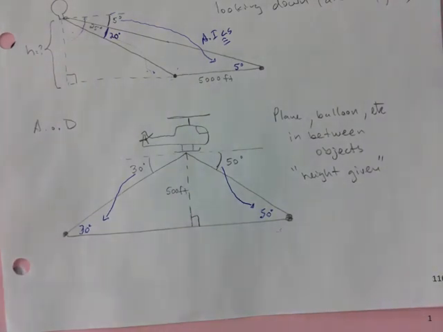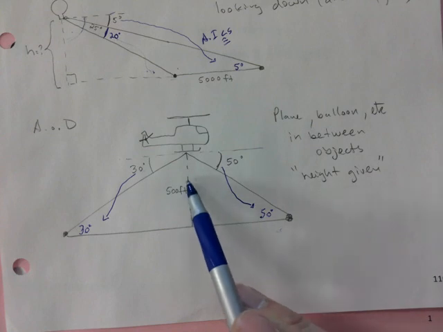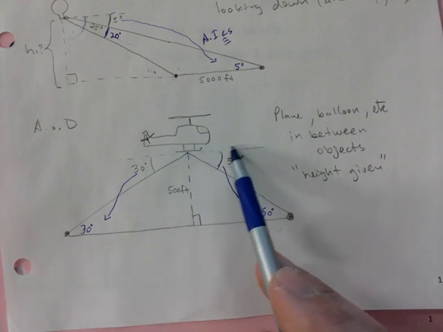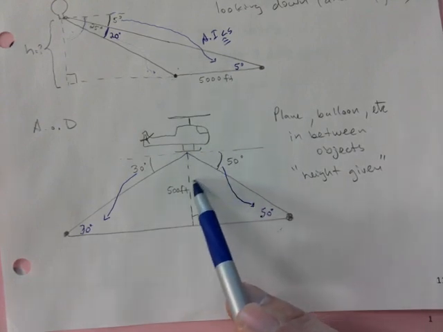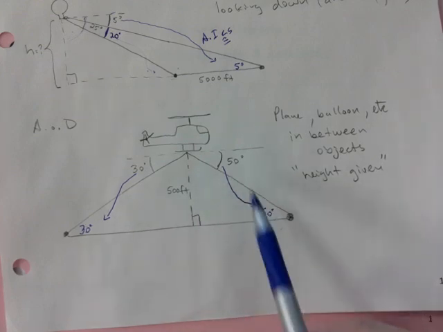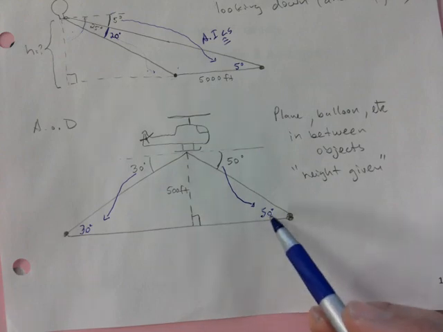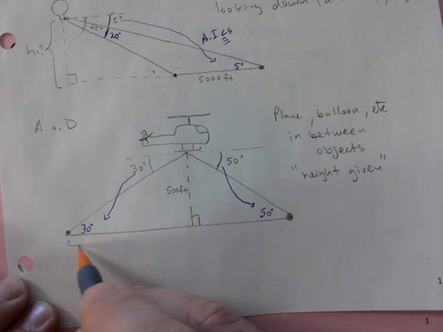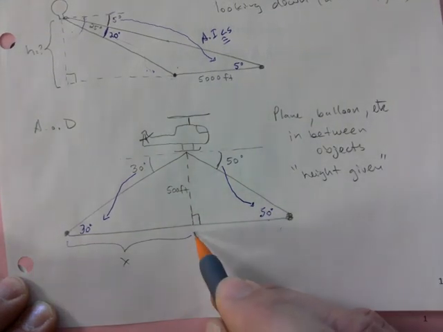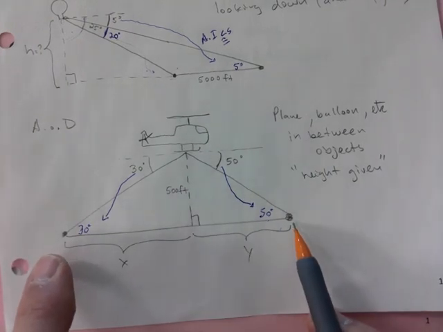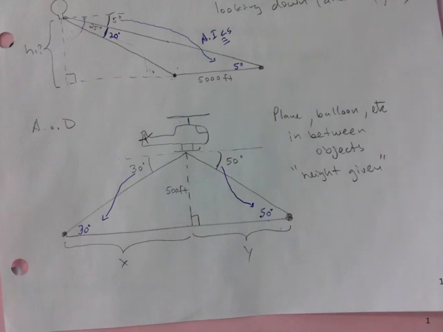And some of you are like, Mr. Dixon, couldn't I just have found that this is 90 here, because this whole thing adds up to 90, so this has to be 40, and then 40, oh yeah, that's also 180? It doesn't matter how you get there, you would find that this is 50. And so quite possibly I will ask you to figure out the distance between these 2 points. So your task is to find x, find y, add them up, and then you're there.